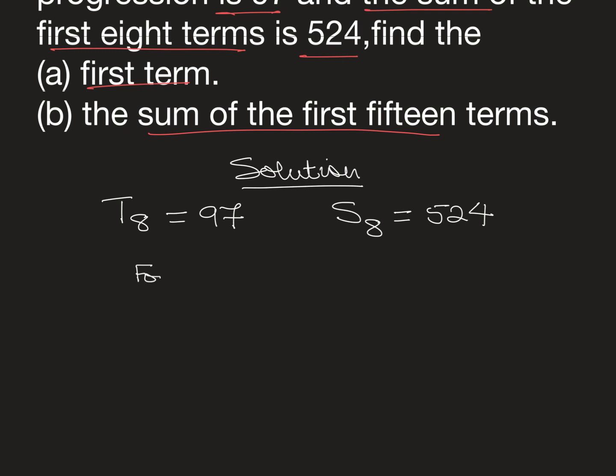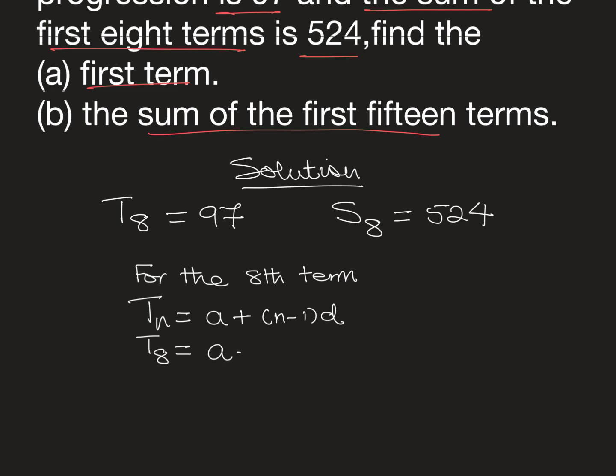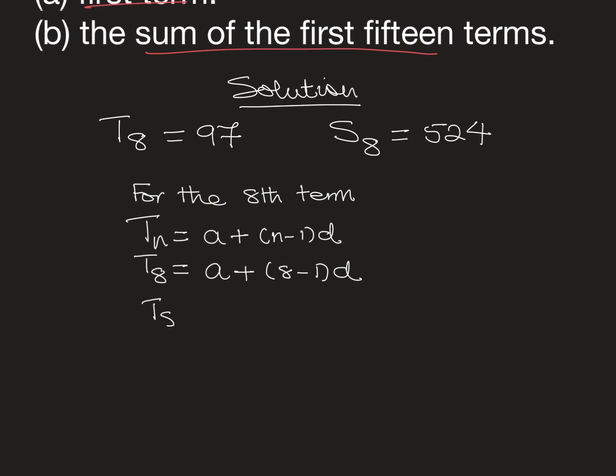So for the 8th term, we know that T sub n is equal to a plus n minus 1 times the difference. So the 8th term, T8, is equal to a plus 8 minus 1 times the difference, which is a plus 7d.